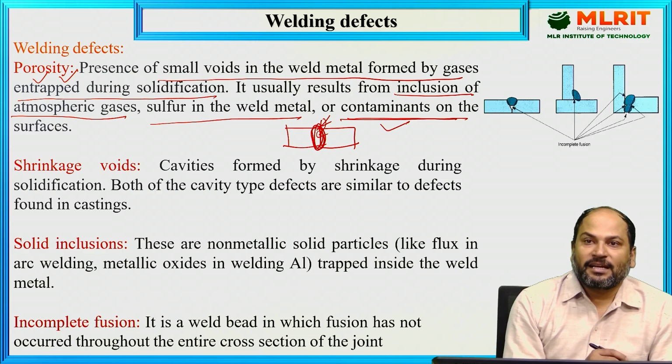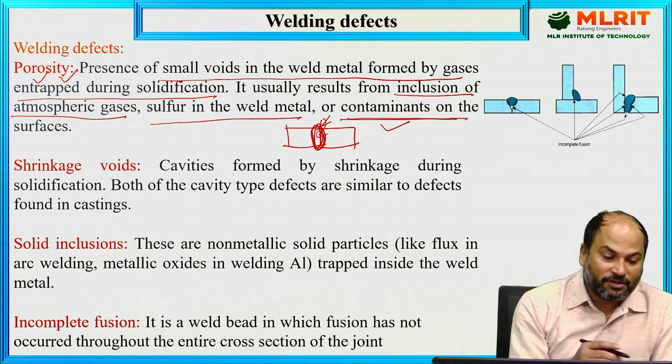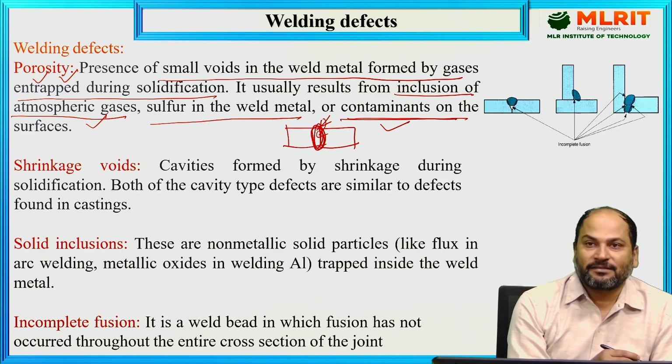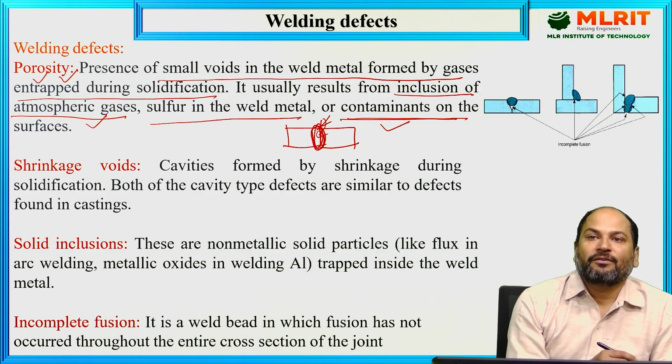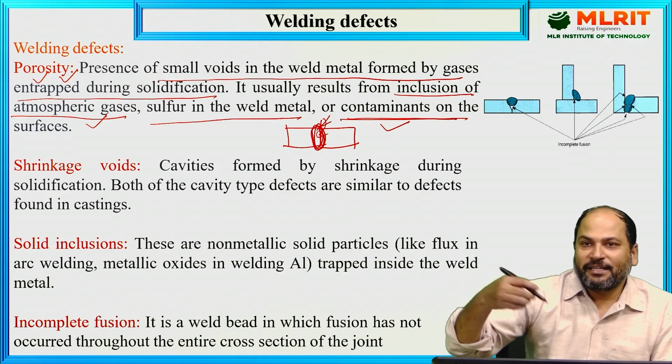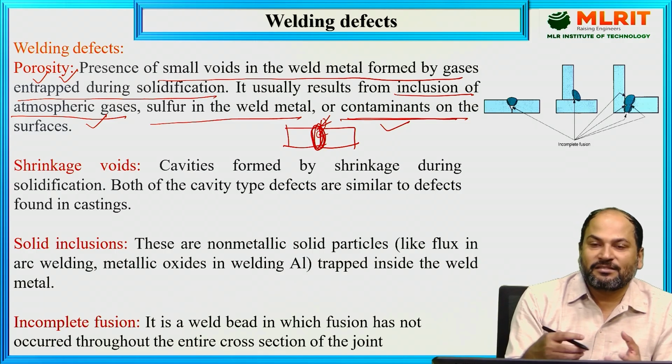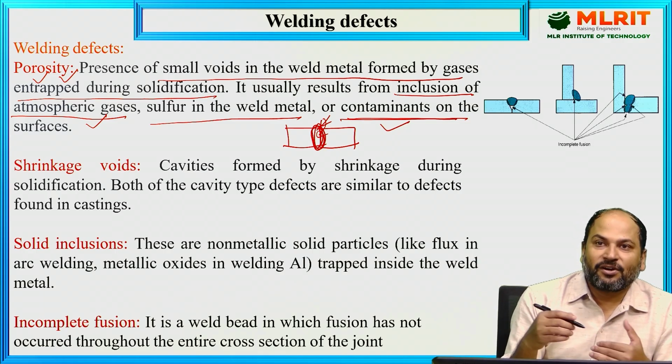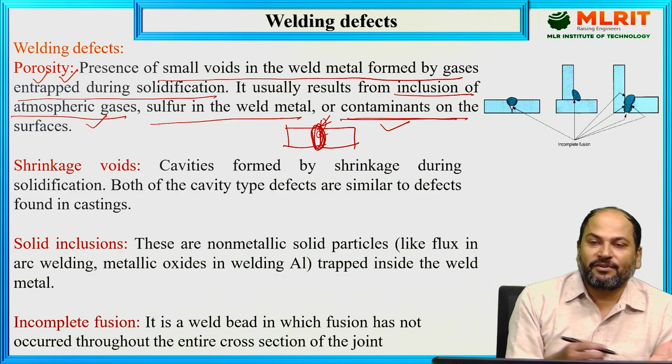Another thing is the entrapment of gases. For that, we can do welding in a shielded area. Shielded area means an area or lab where there is no chance of entrapment. I mean, it is not interacting with the atmospheric air. It will not interact there.